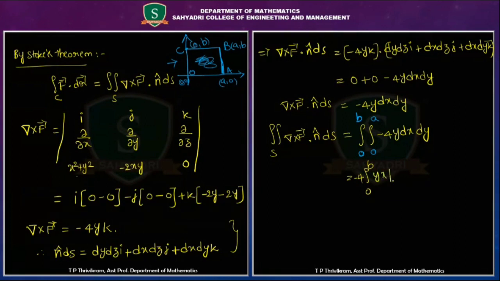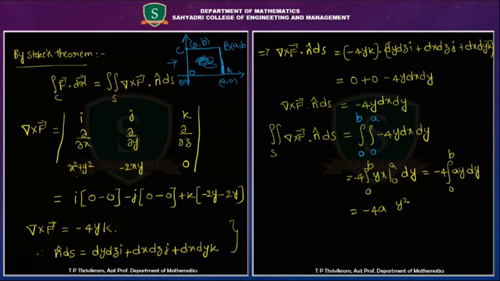Minus 4, integral from 0 to b of y times x, having the limits from 0 to a, dy. If you apply a in the place of x, you'll get a y dy. So this one is equal to minus 4a, since a is constant, integral y dy.